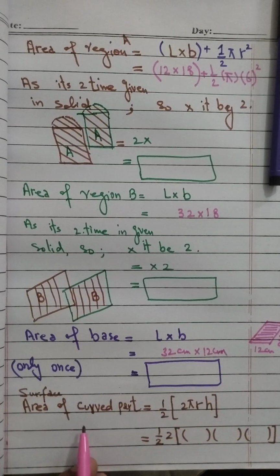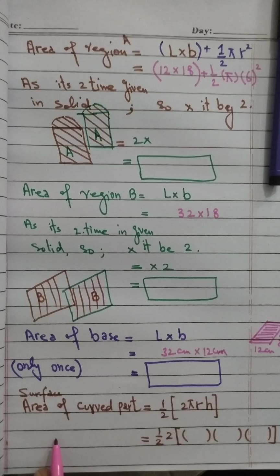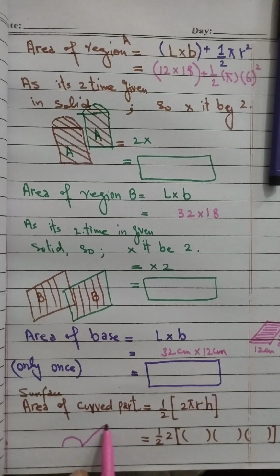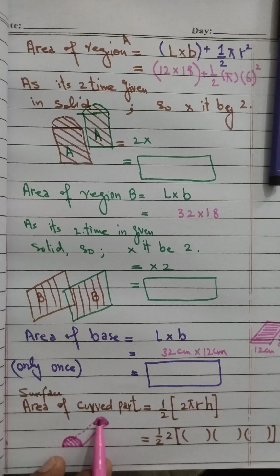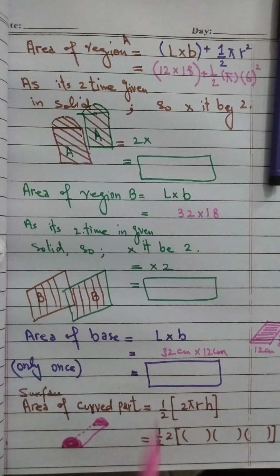When we talk about the curved surface area of this portion, we know that it's given by 2 pi r h, because this face and the other ending face are not included. Why are they not included? Because they are already included here. That is why we write 2 pi r h, and as it is not the complete circle but half, we divide by 2.